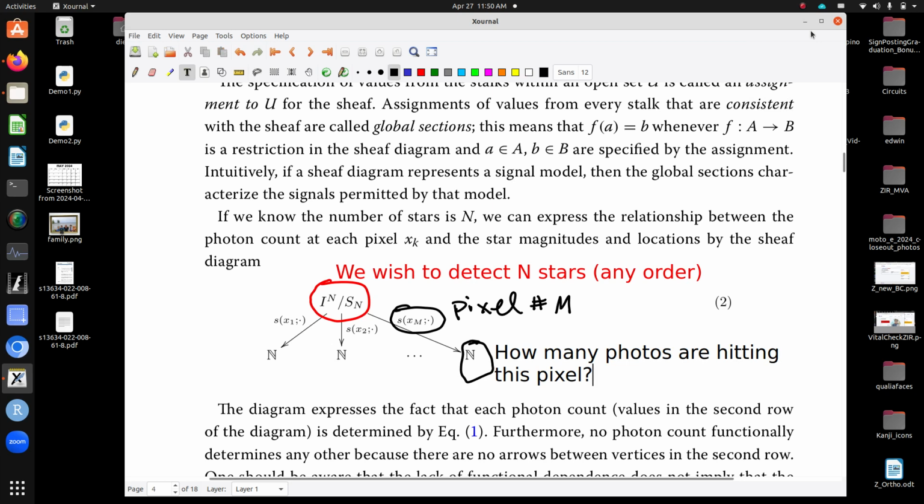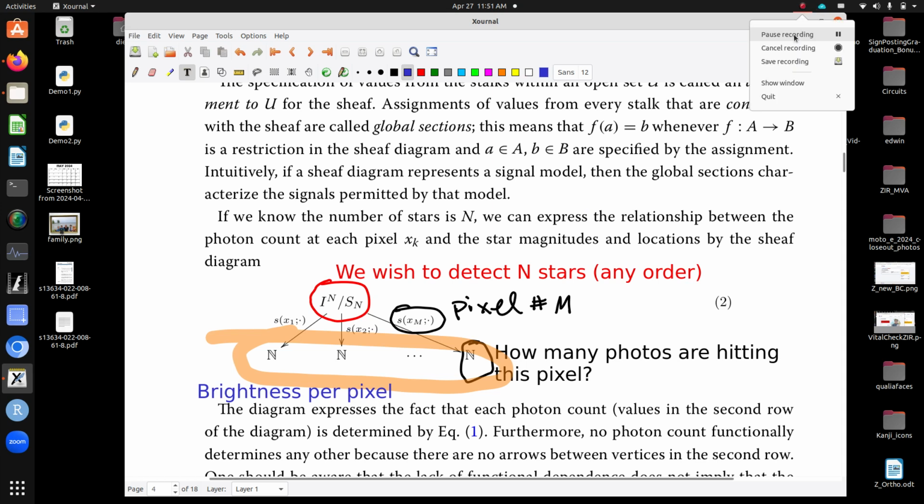So the pixel reports essentially how many photons it observed, and it's essentially the expected or detected brightness per pixel. The other way you can think of this is that this whole thing is telling us a certain brightness per each pixel. So that's how that's working out.